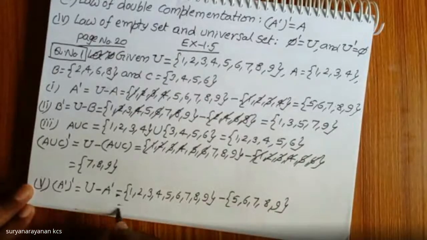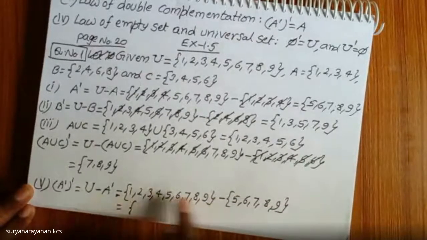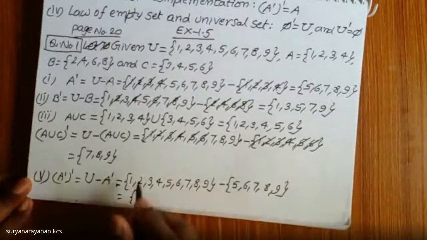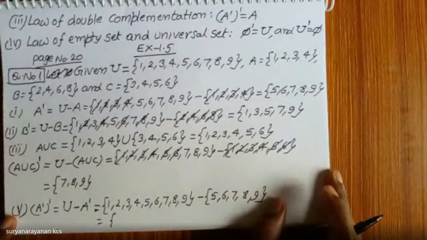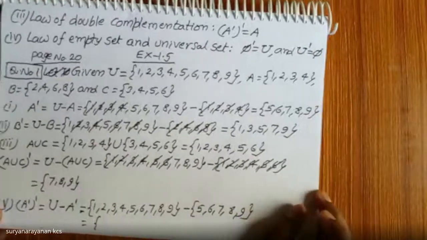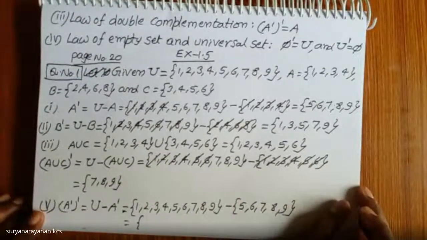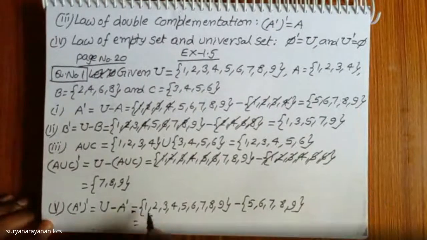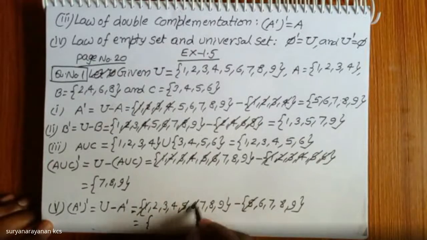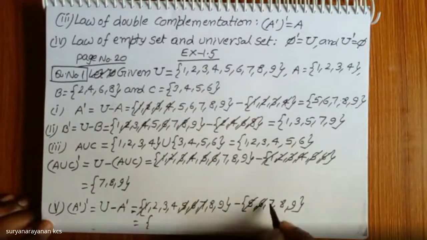Now we are finding the difference of these two sets. So we strike out the common elements: 5, 6, 7, 8, 9.